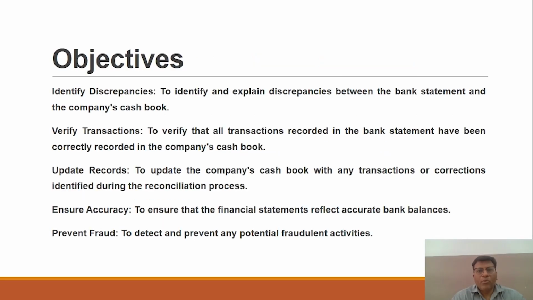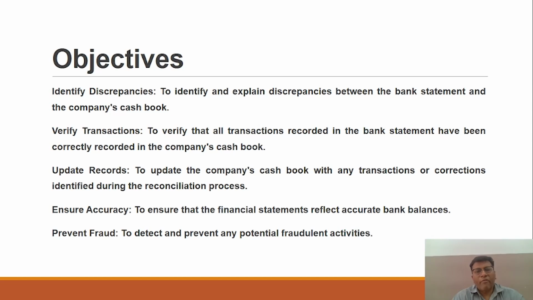So I think now you are familiar with the bank reconciliation statement, and it identifies the discrepancies, to identify and explain the discrepancies. Why? Because this statement is also disclosing the causes of why there is a mismatch between the balances of the bank column of the cash book and the passbook, right?